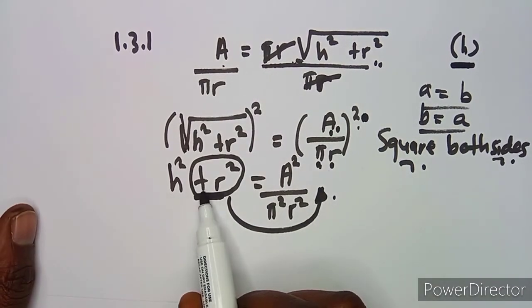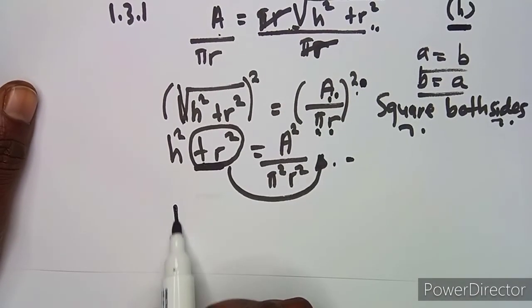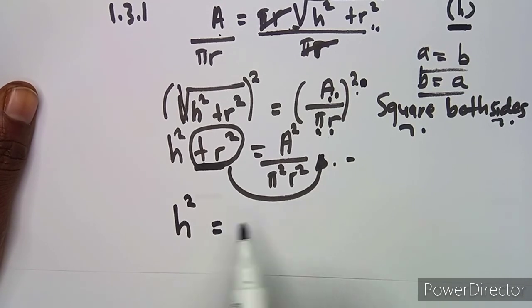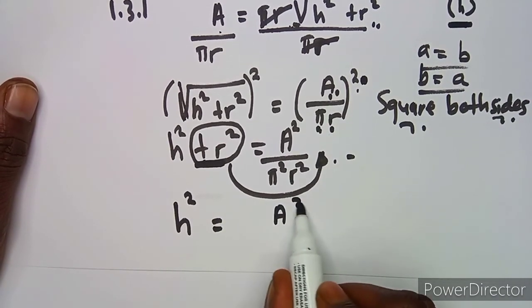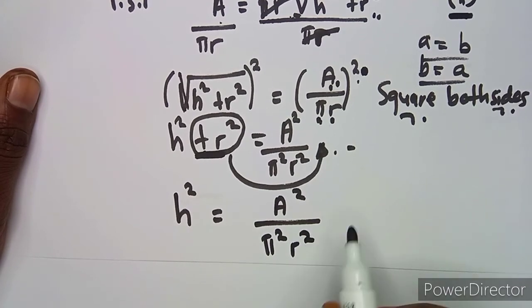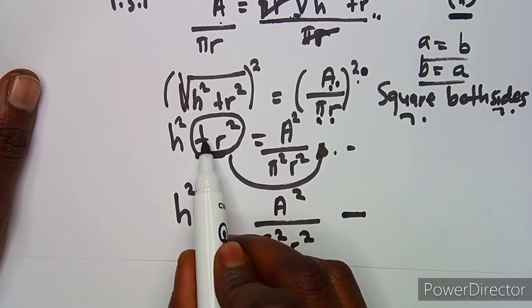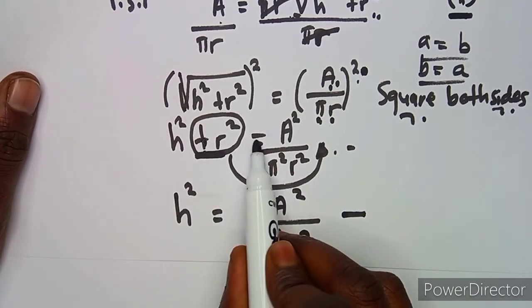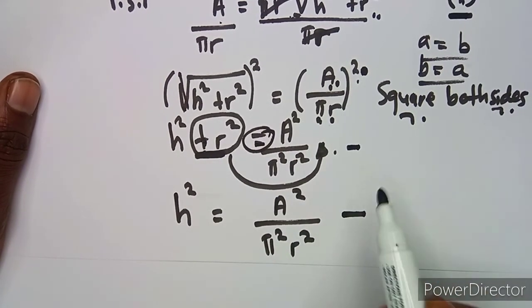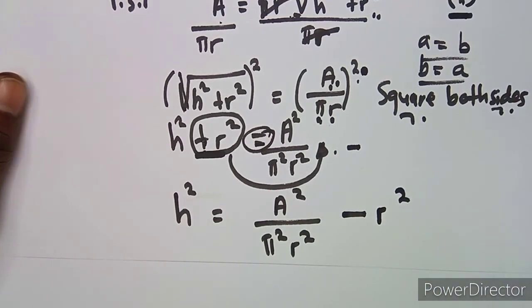Remember, it's a plus, so it's going to be a minus. So h squared is going to be a squared over pi squared r squared, minus, the moment we take this with the plus, it crosses the equal sign, it becomes a minus. So it's going to be minus r squared like this.